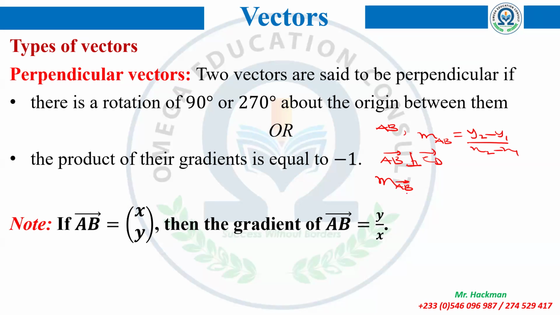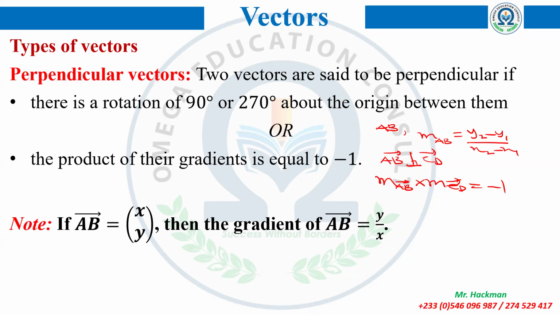This time around, I've given AB a direction. Other than that, it is the gradient of the line AB.